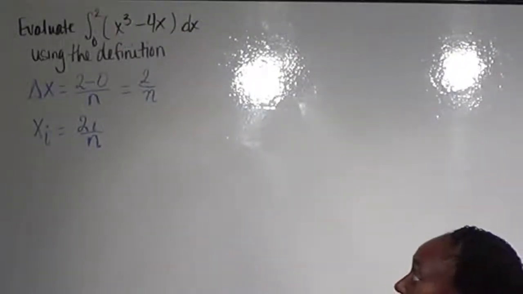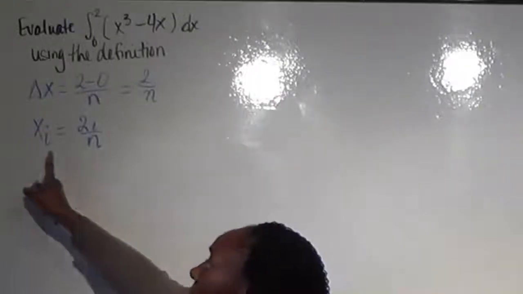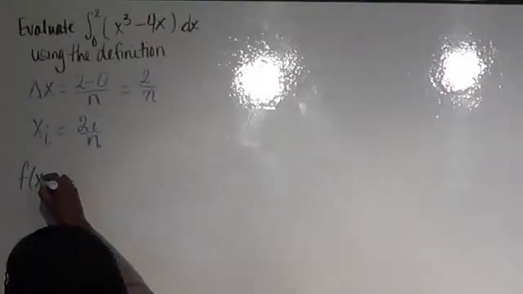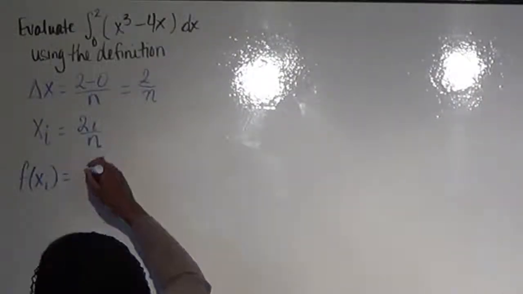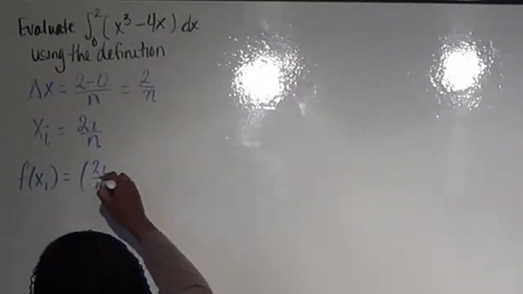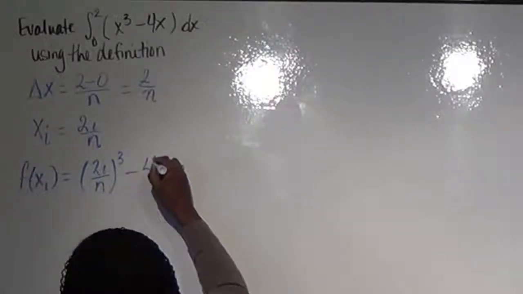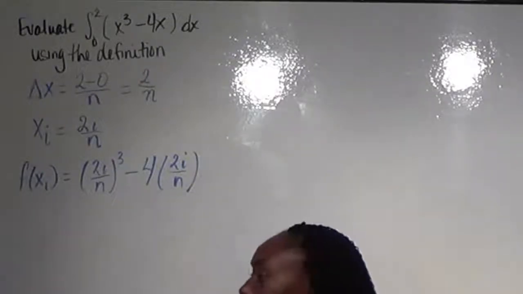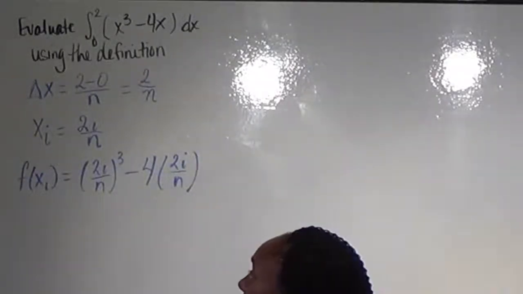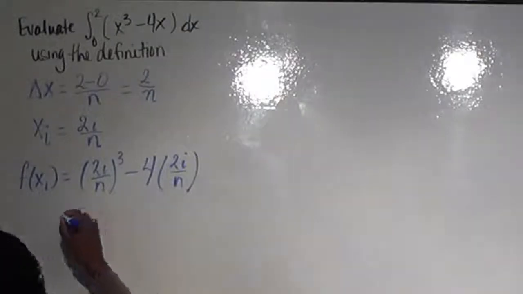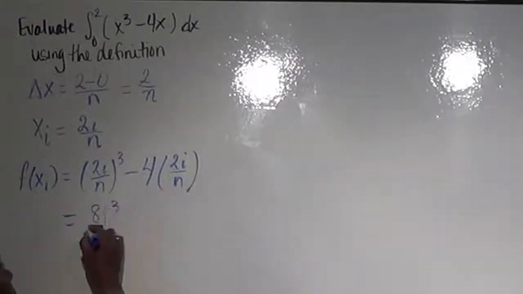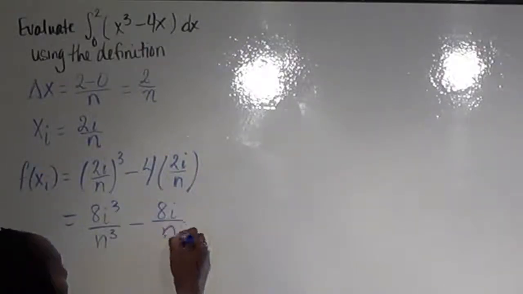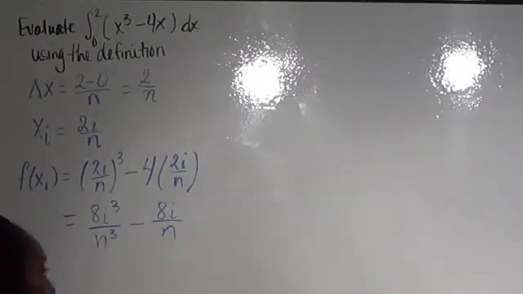And so to get my f of x sub i, I'm just going to take this and plug it into my function to get the function value within each subinterval. So we'll take 2i over n and cube it minus 4 times 2i over n. Again, I can simplify this, and we can see that I'm going to get 8i cubed over n cubed minus 8i over n.